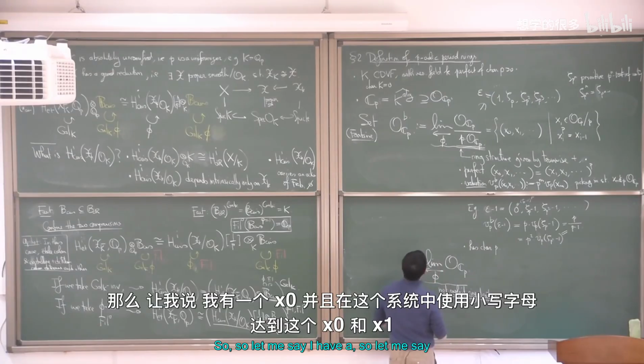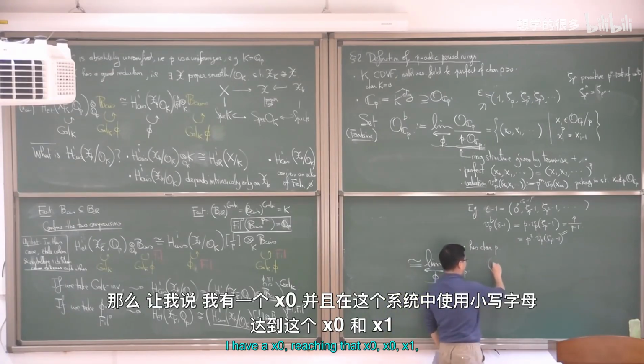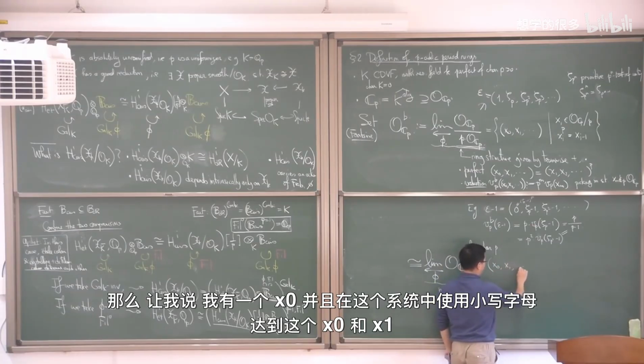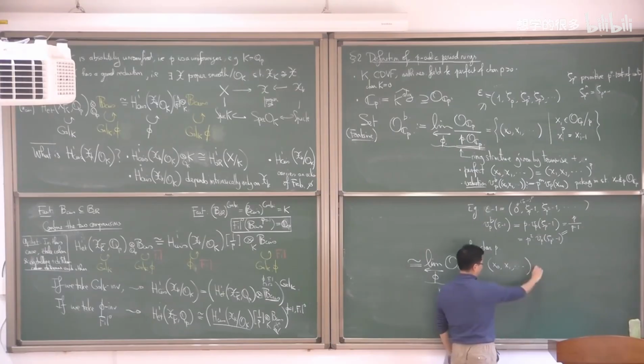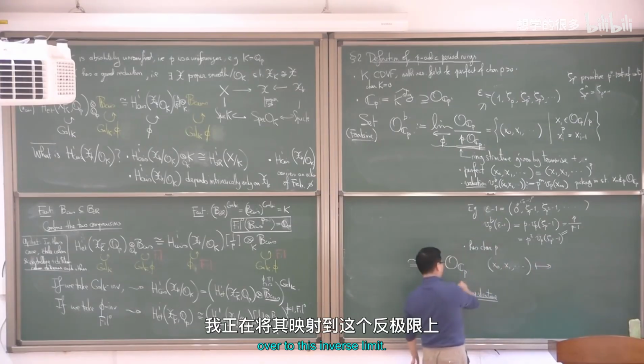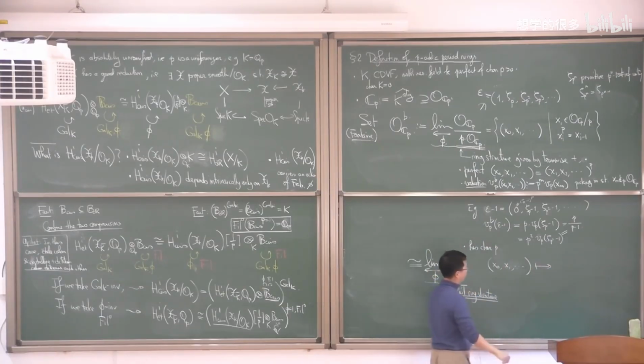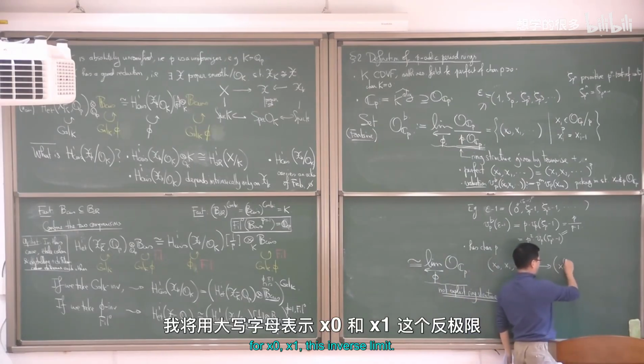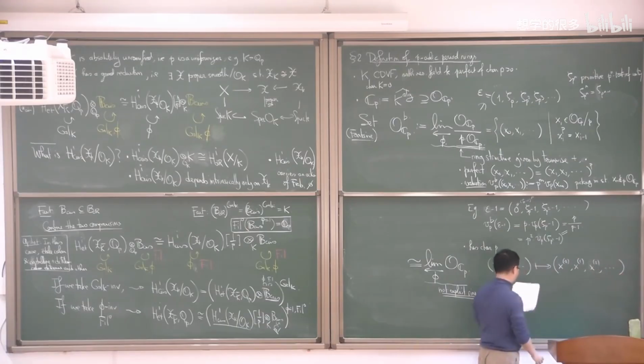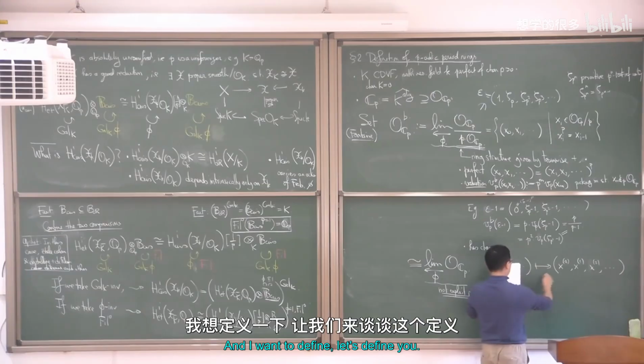Let's see. Say I have an element written as (x0, x1, ...) using lowercase indices, and I'm mapping it to this inverse limit. I'm going to write uppercase, (X0, X1, X2, ...). Let's define these.